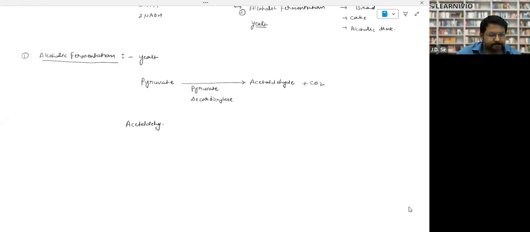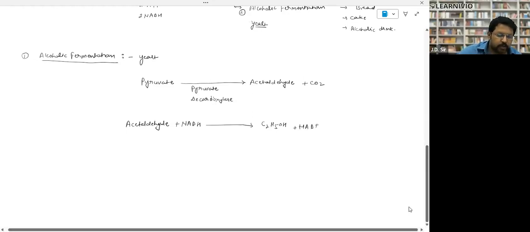Acetaldehyde is again broken down with the utilization of NADH into C2H5OH, ethyl alcohol, plus NAD.